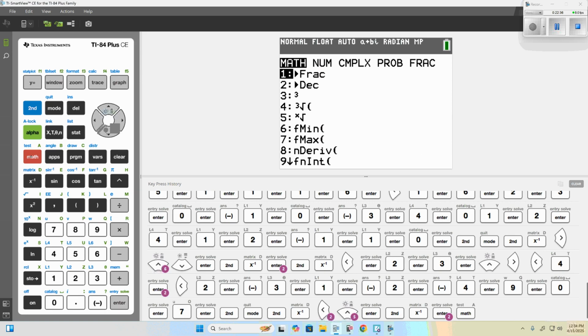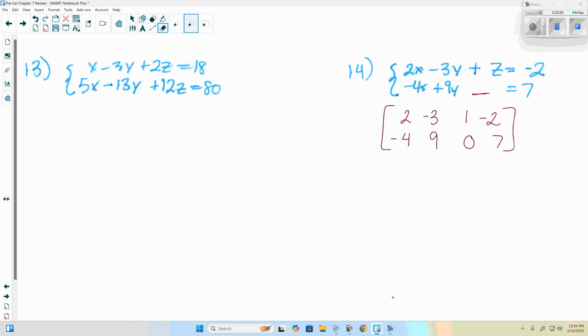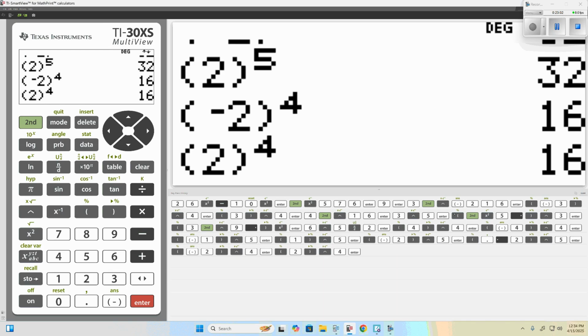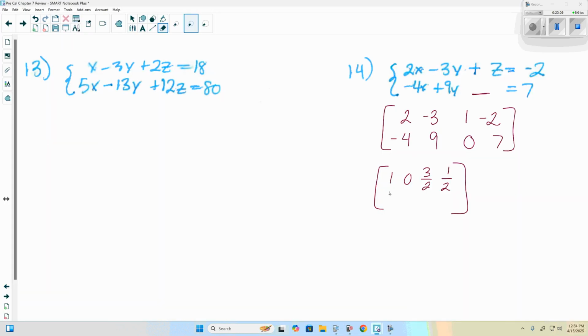Now, I think it's going to be a little bit easier to work with fractions, especially since one of them is a repeated decimal, or 2/3. 103/2, 1/2. 0, 1, 2/3, 1.